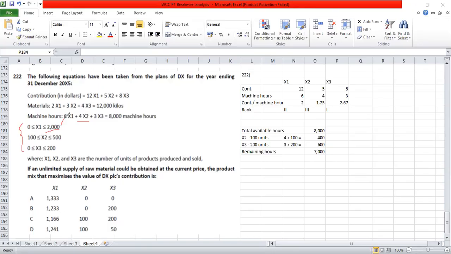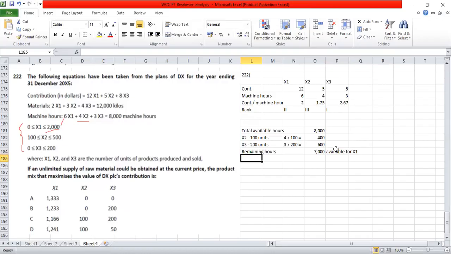So with 7,000 hours, however many units can be produced will be taken up. So the remaining hours are available for X1.